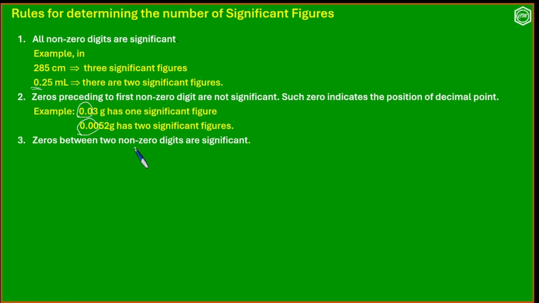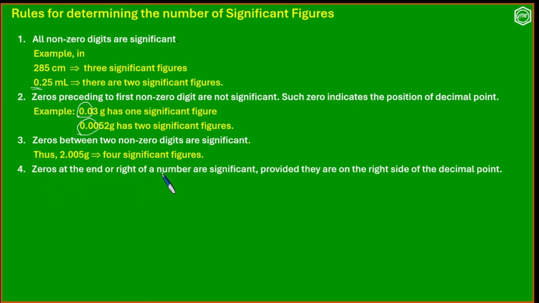Third rule, zeros between two non-zero digits are significant. For example, this measurement 2.005 gram. And now these two zeros are within two non-zero digits. So therefore these two zeros are also significant. Hence, for this quantity, the total number of significant figures is 4.